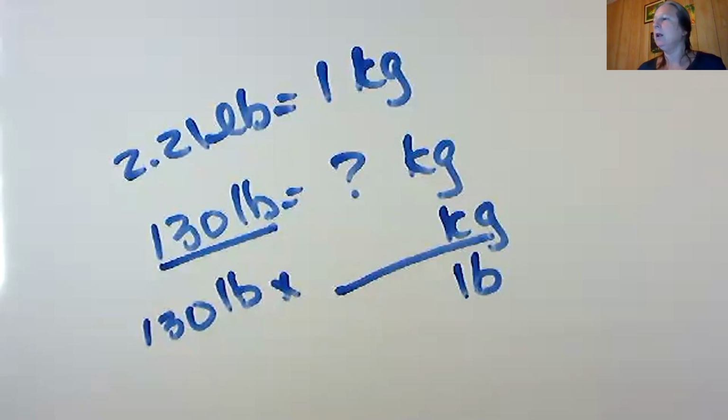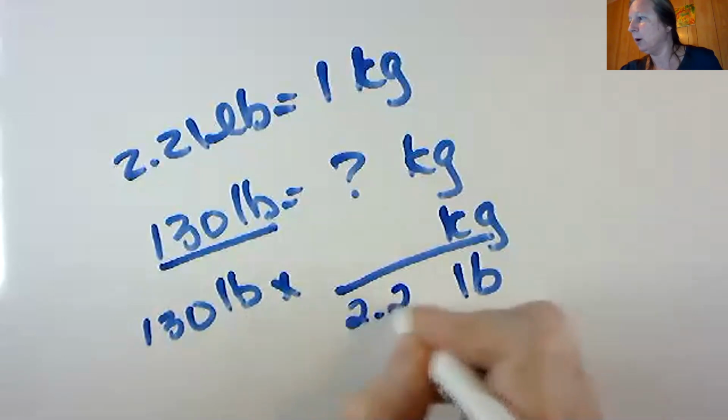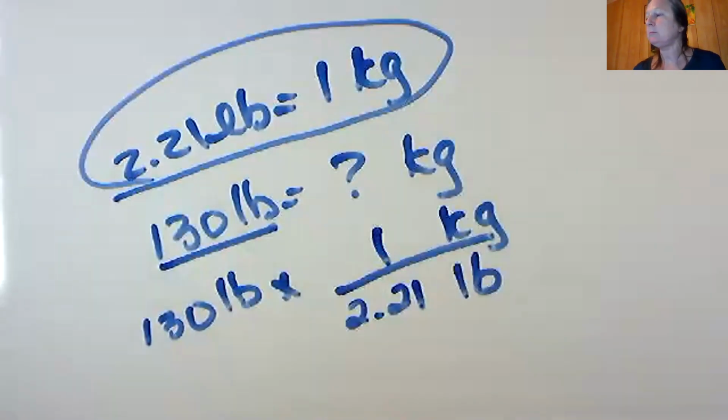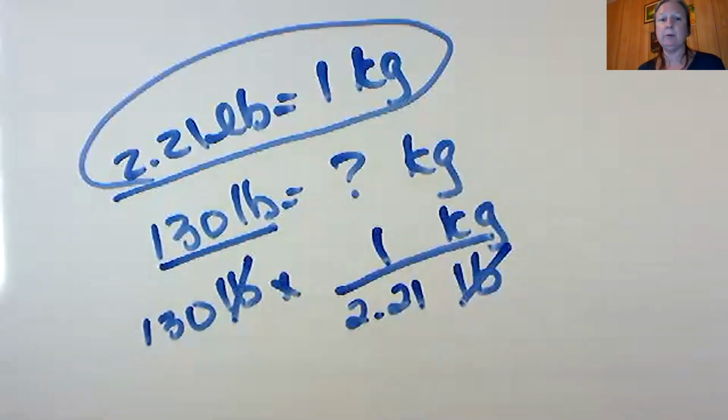But for this example, I'll just go ahead and write the numbers in because it's a simple example. So we know our relationship numbers are this because we were given this definition. And yes, put your 1 up there. All right, now, the pounds are going to cancel out because the numerator and denominator, they're going to cancel out.